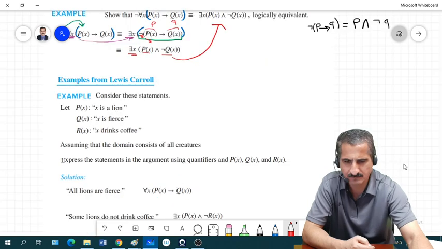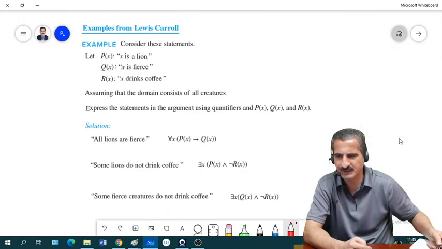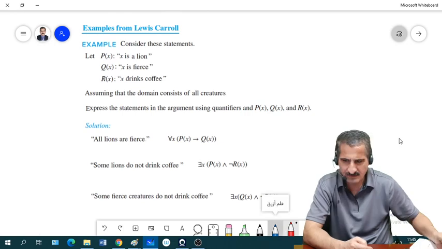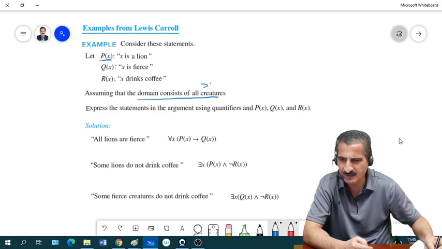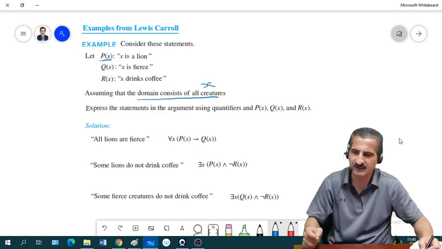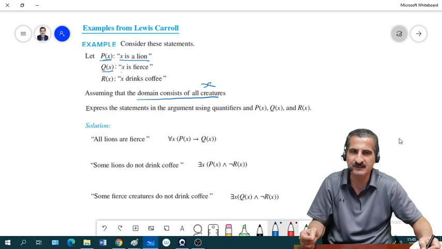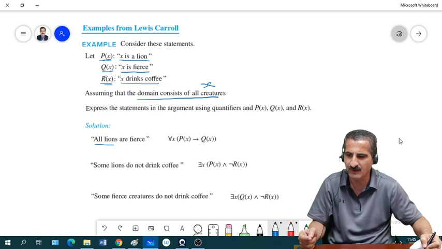Now this is an example from Lewis Carroll. P of x means x is a creature. Q of x means that a creature is a lion. R of x means that a creature is fierce. S of x means that a creature drinks coffee. If you want to say all lions are fierce, we say for every creature, if it is a lion, then it is fierce.